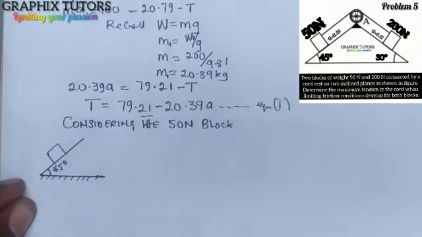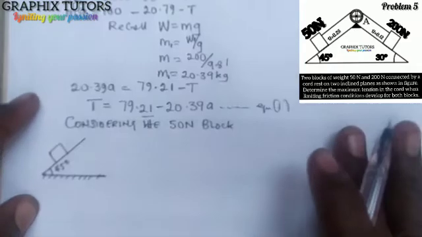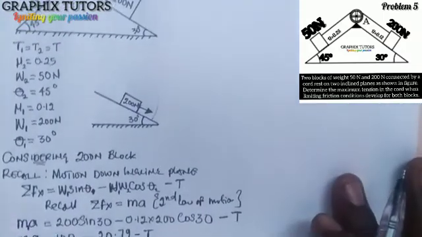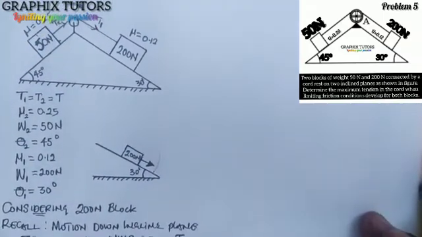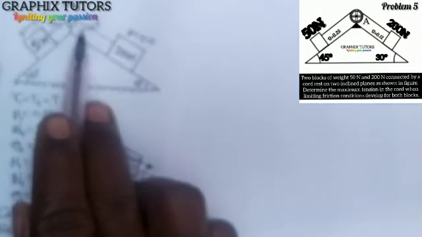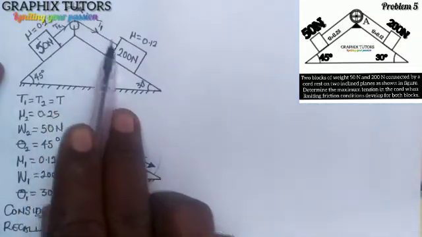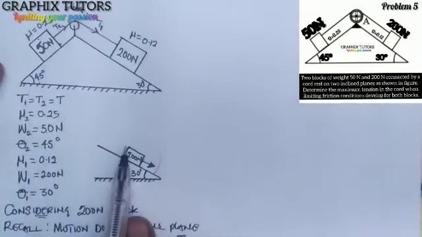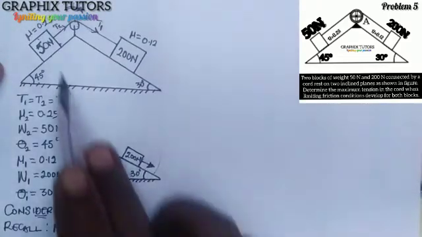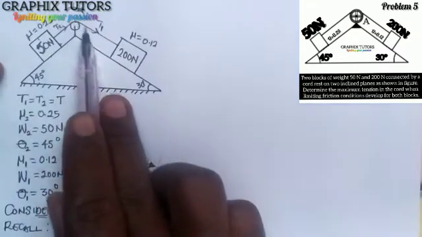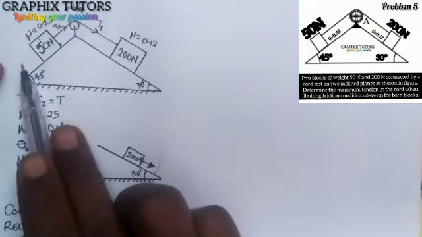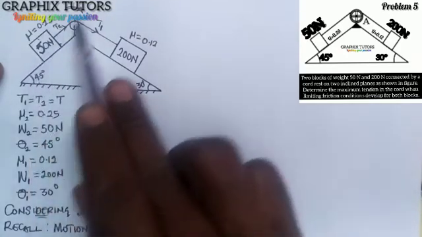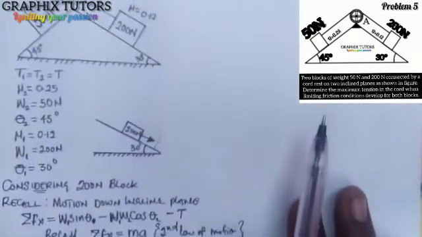Now if you notice from our analysis here, this is motion down the inclined plane. In this case the block is sliding down, but as a result of this sliding down, this is moving up, right? So this is motion up an inclined plane.